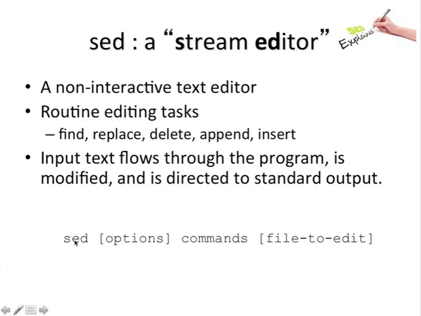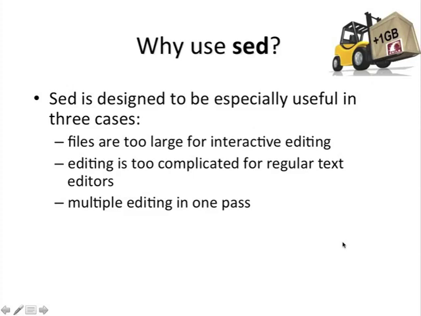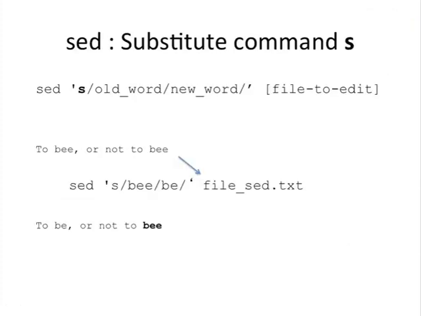So you say sed, then you say the options, the command, and the file you want to edit. Okay, so let's start with something very simple when we want to substitute one word by another one. So this is how the syntax will look like. So you say sed, you say s, which stands for substitute. You say the old word and the new word. So you will substitute the old one by the new one. And the file you want to edit right here.